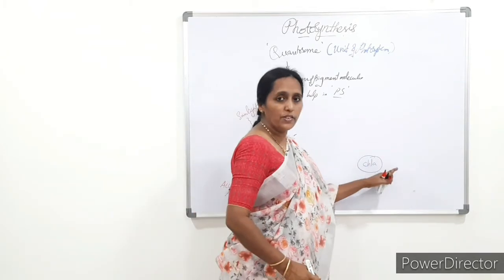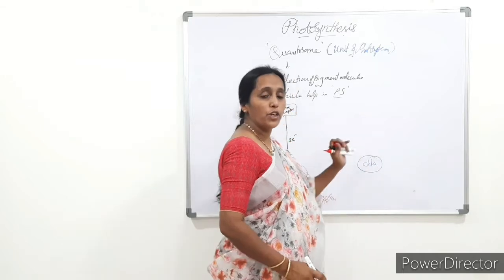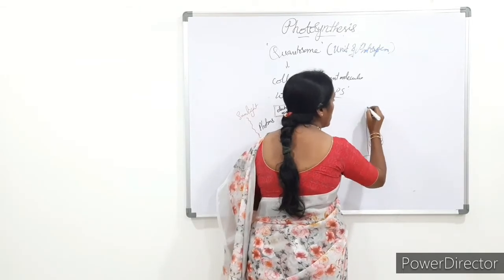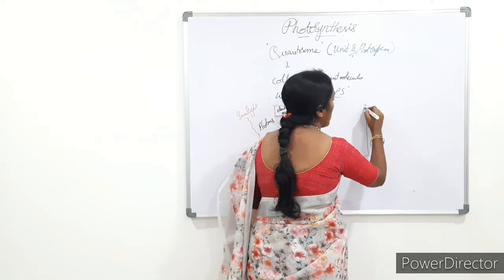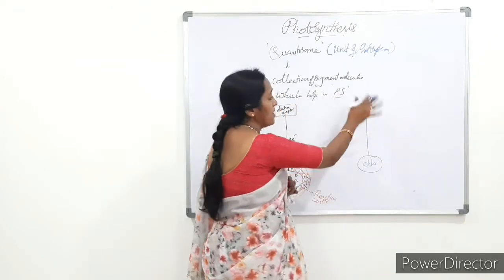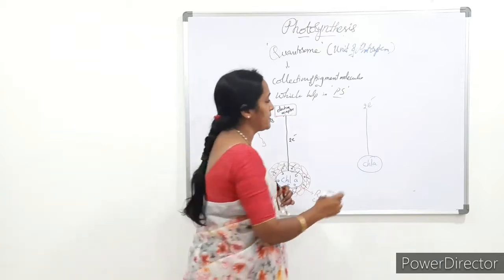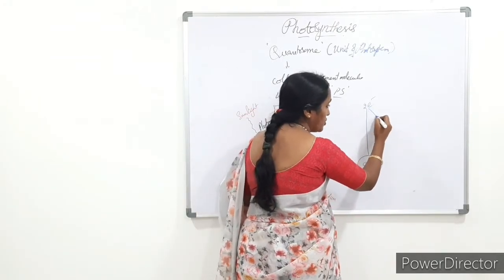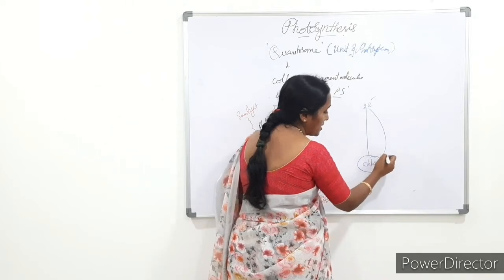When we do this experimentally, the electrons which are excited are not received by any electron acceptor. Then these electrons have a tendency to come back to the same place.